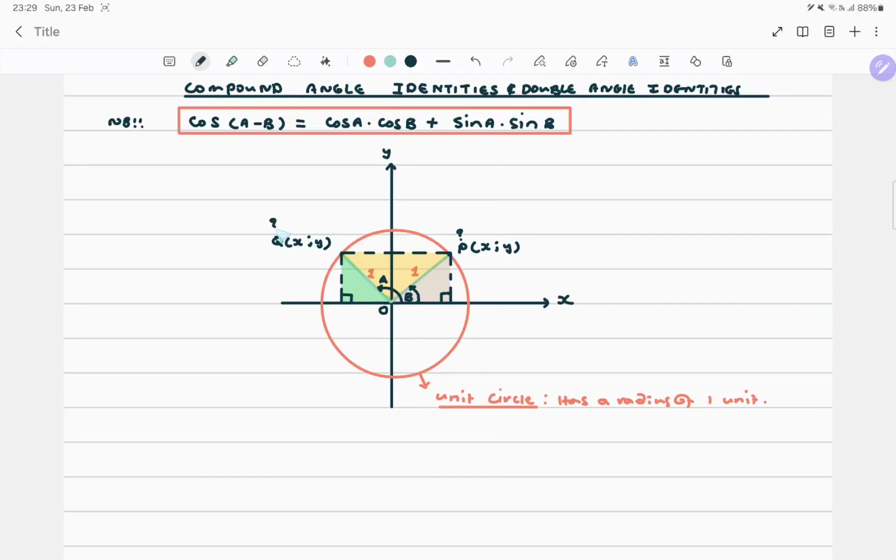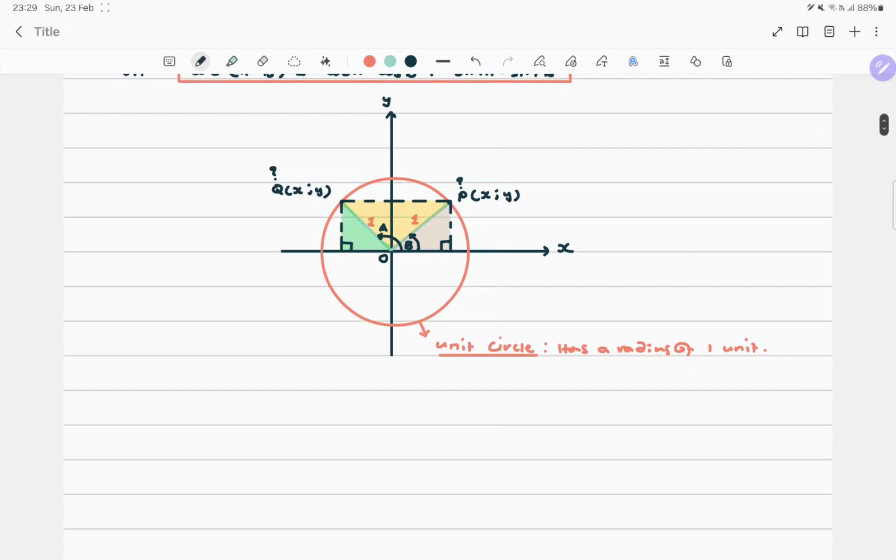What are those coordinates at P and Q? Well, if we look at, say for example, this side, we will appreciate that essentially sine of angle B is going to be opposite, that's the y there, over hypotenuse, which is 1.